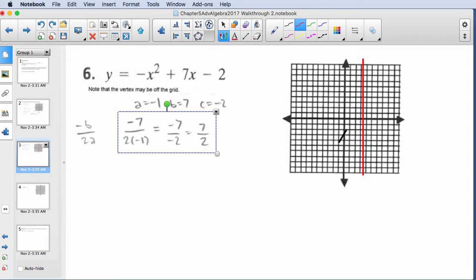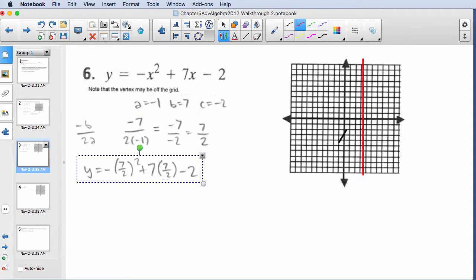Go ahead and plug those values in, and we get a value of 7/2. So minus 7 over 2 times negative 1. We plug the x value of the axis of symmetry into the original formula to get the y value.